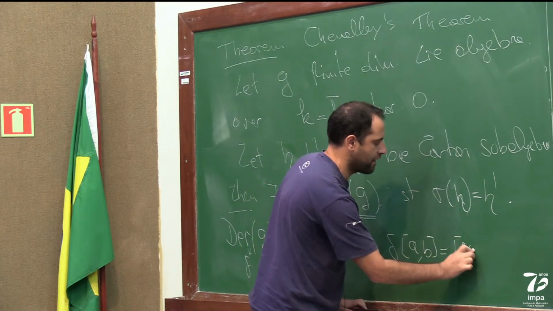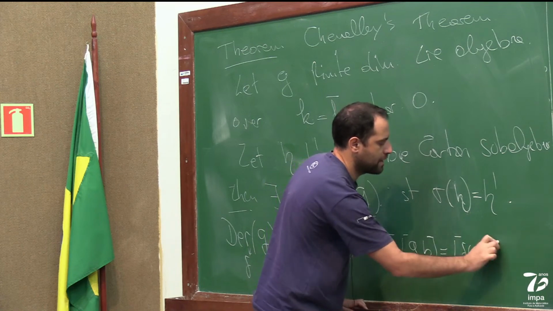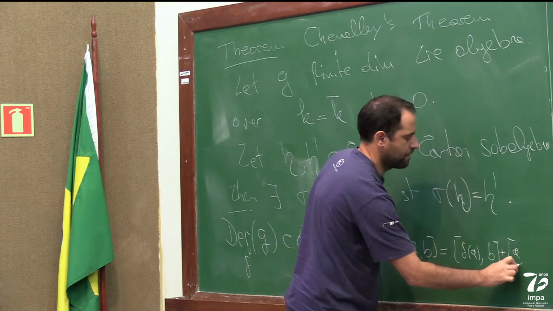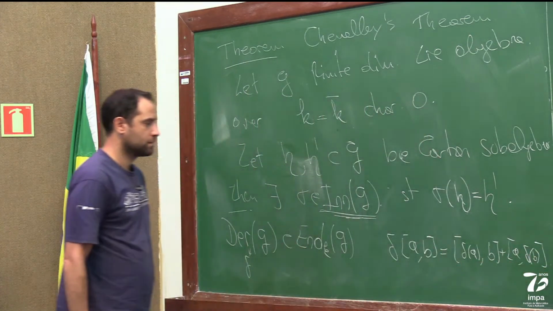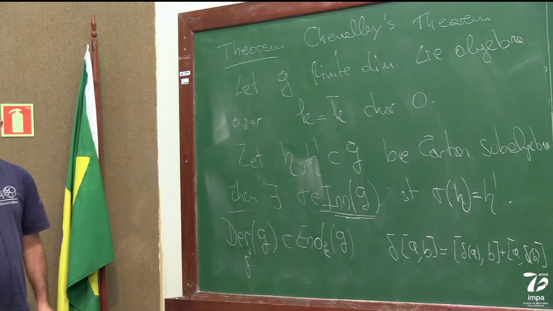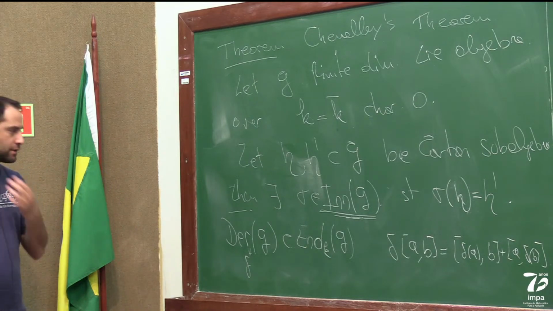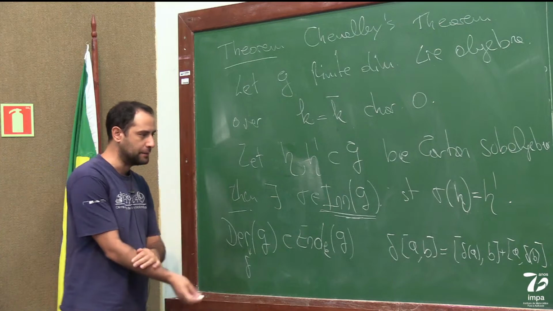So this is delta of A, bracket B, plus A, bracket delta of B. Any endomorphism that satisfies that is called a derivation. It's really just a derivation of the multiplication of the Lie algebra.